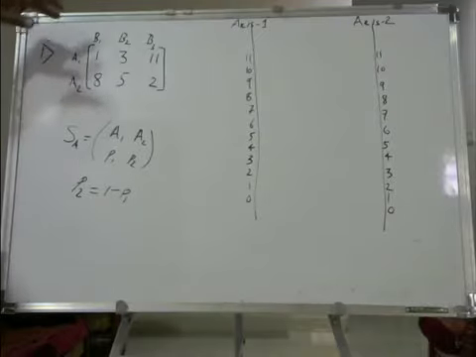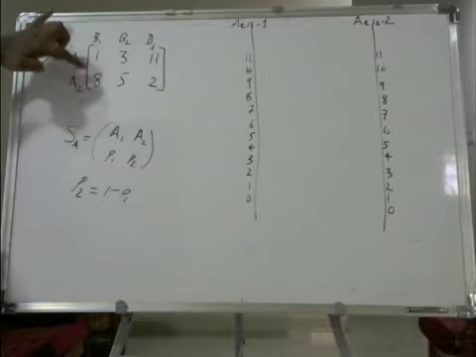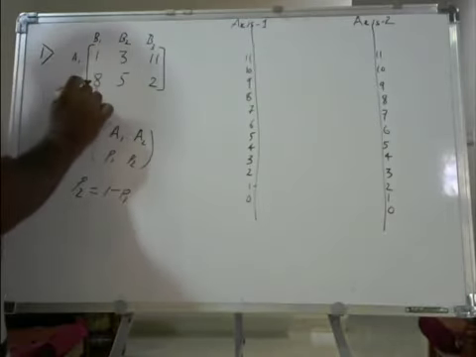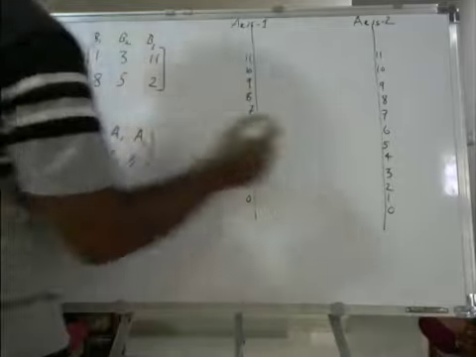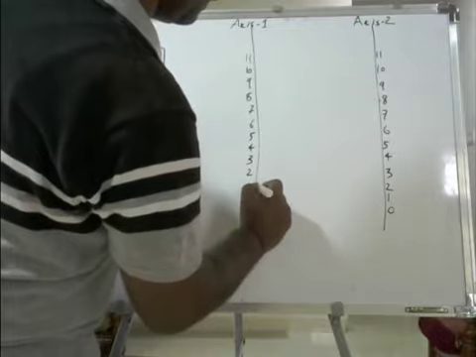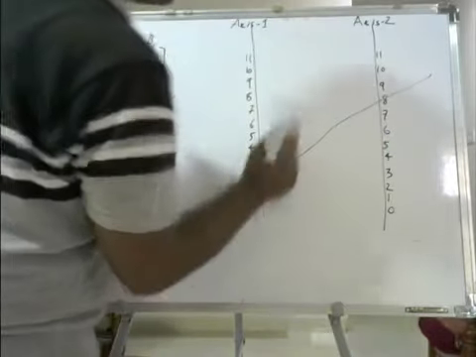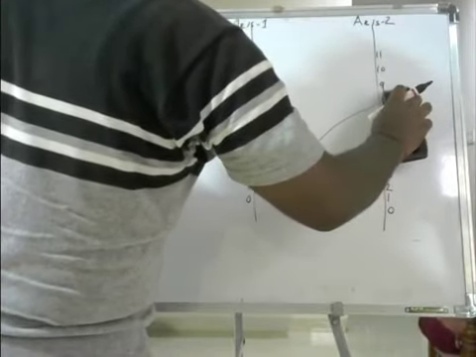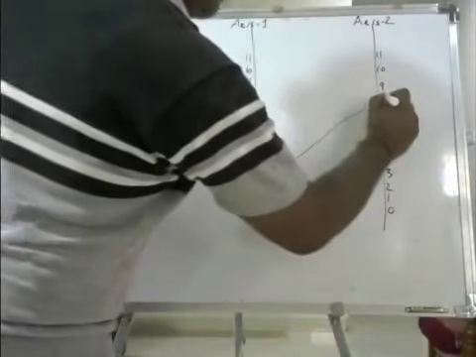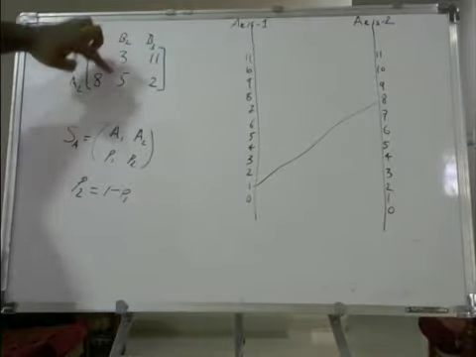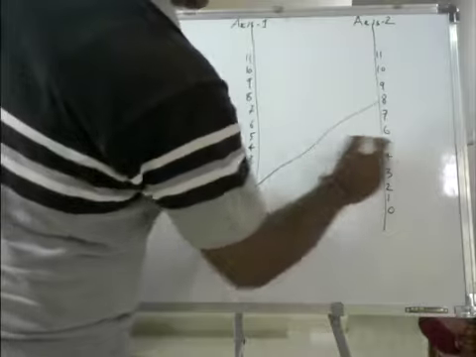Now let us plot these on axis 1 and axis 2. From A1 to A2, A1 is 1, so I'll take A1 on axis 1, which is 1, and A2 on axis 2, which is 8. So I need to draw a line from 1 to 8. Then from 3 to 5, 3 and 5 here.